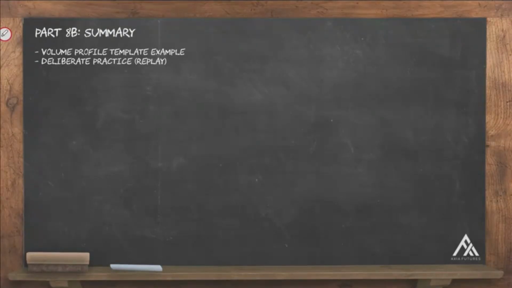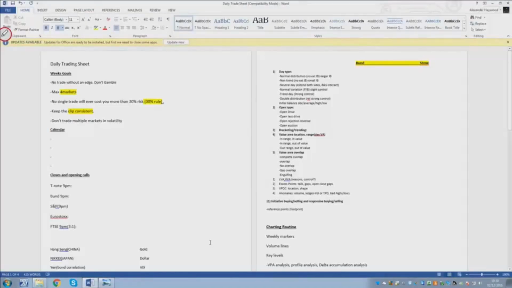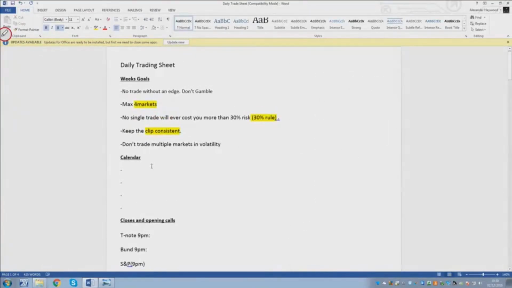Now let's turn our attention to something a little more exciting, and let's bring up our example of a template. So as you can see in front of you, we have a traditional daily trading sheet. Now, what I'm going to go through is just the basics of what a daily trading sheet would look like, but then I'm going to spend some time on the basic premise of a template, of how to take everything we've learned so far in Module 1, in Module 2, and almost summarize it in a very short space.